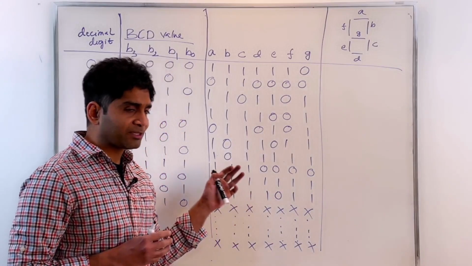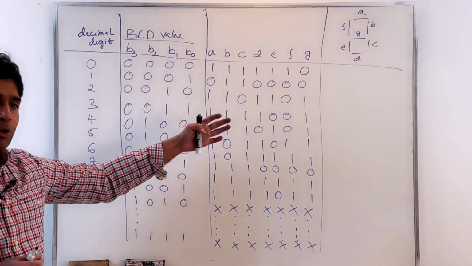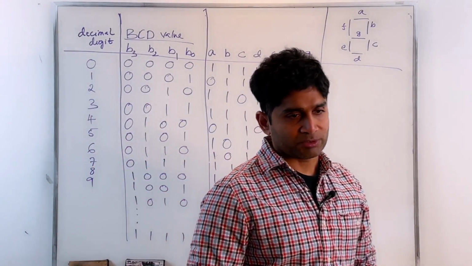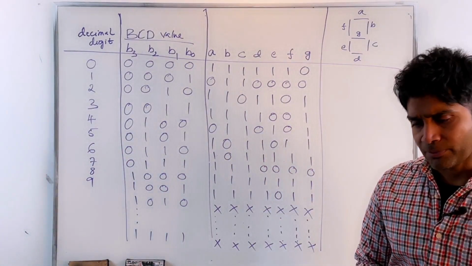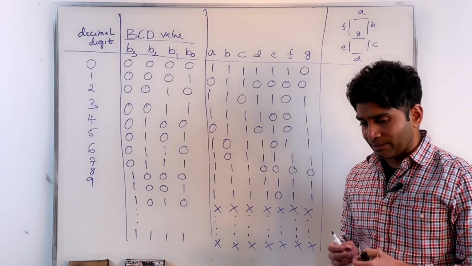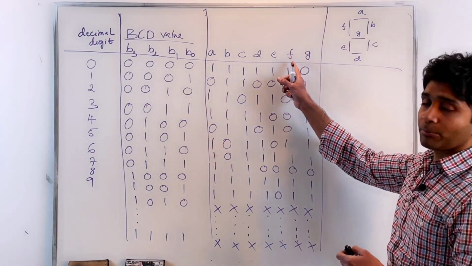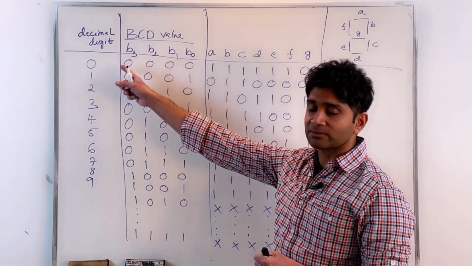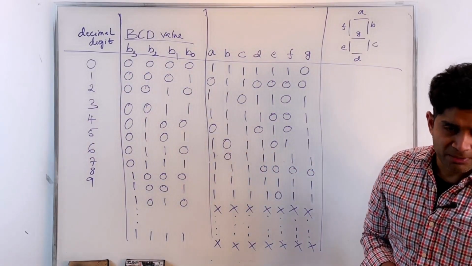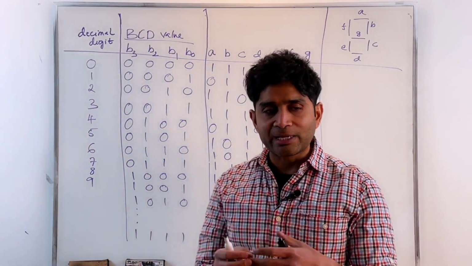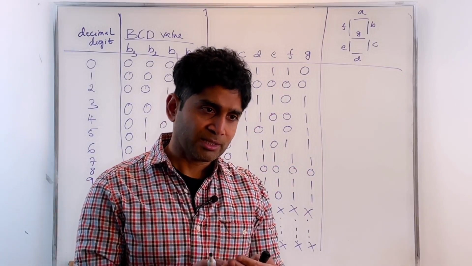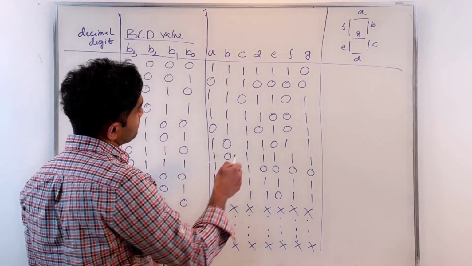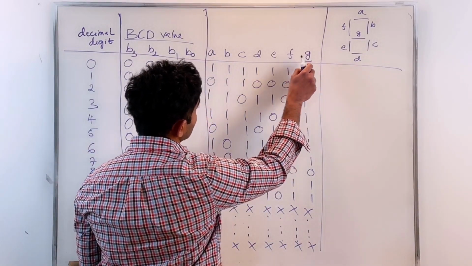Now, when you have situations like this, when the number of outputs is more than the number of inputs, when you're dealing with multiple outputs, sometimes it may be a good idea, even though each individual output is computed independently as a function of these common inputs, to see if you can obtain common product terms between the outputs.